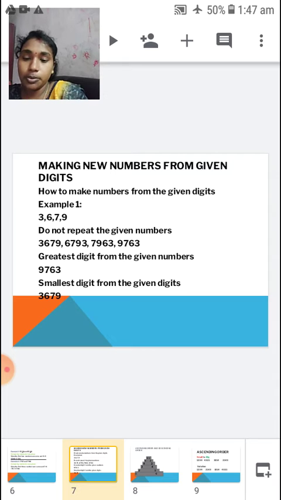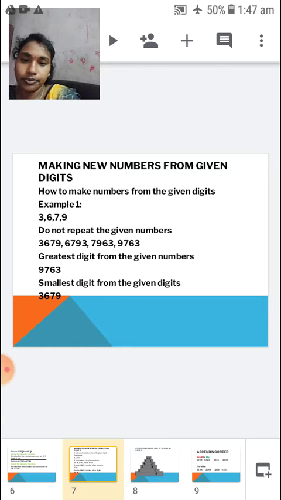We put 3 in the first place, 6 in the second place, 7 in the third place and 9 in the fourth place. Then we shift 3 from the first place to the last place. Now it becomes 6, 7, 9 and 3.